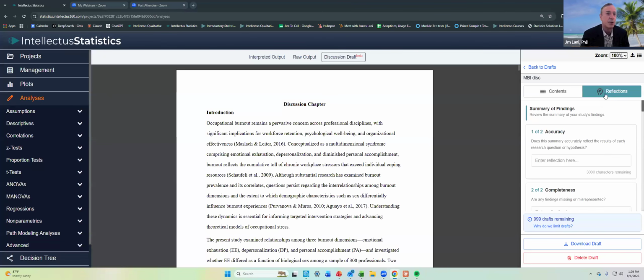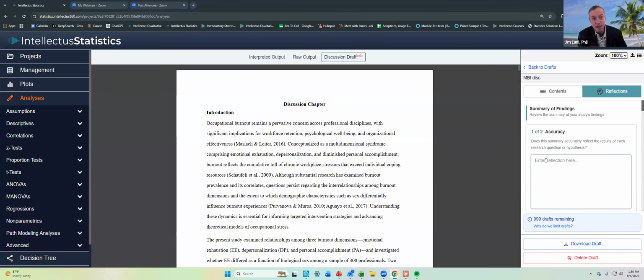And for those faculty that are really wondering, hey, what is the provenance of this, and do my students really understand this? We have a thing called reflections, or guided reflections. In guided reflections, it's walking the student through the different aspects of this AI generation, like, does the summary accurately reflect the results of each research question or hypothesis?